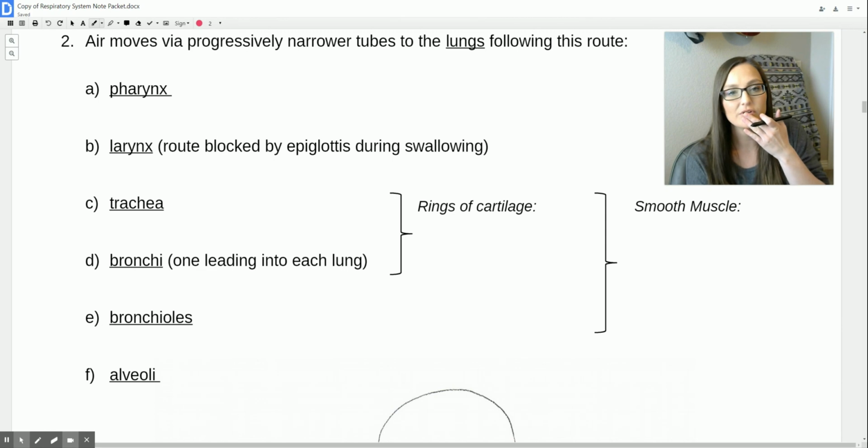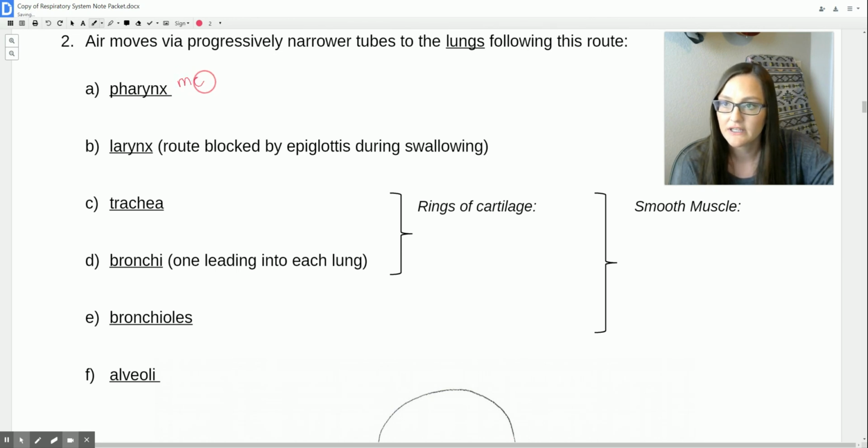So after it goes through your mouth and your nose, through the nasal cavities, it's going to hit your pharynx first. So it asks you to define the pharynx. This is hard to kind of write with, but bear with me. Your pharynx is the membrane lined cavity behind the nose and mouth.